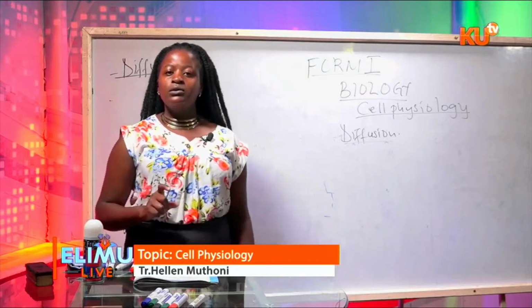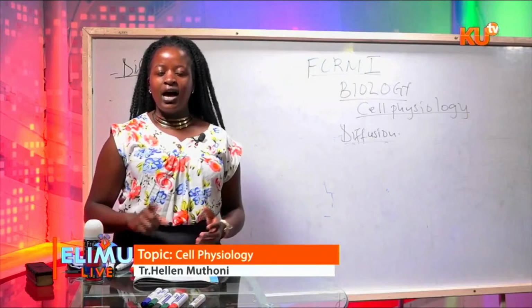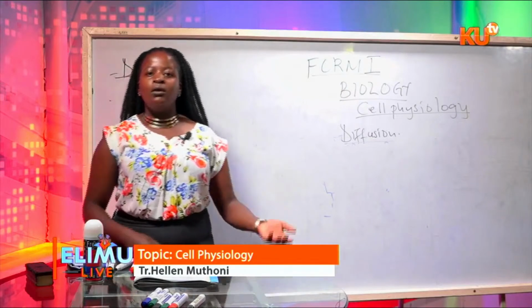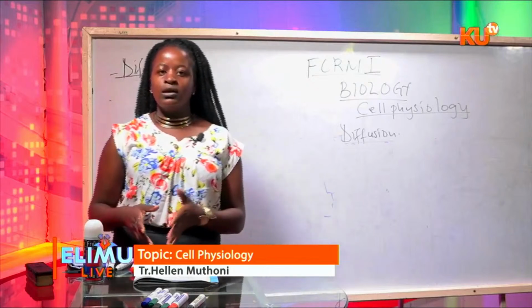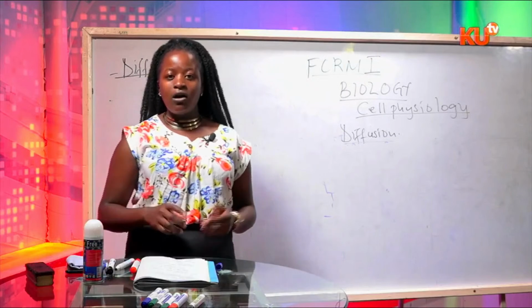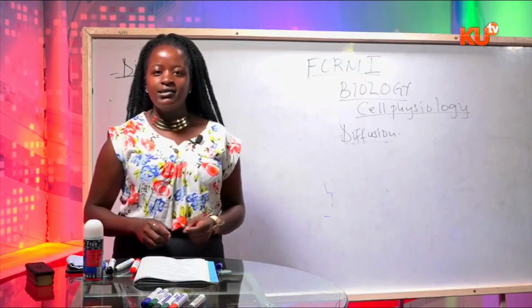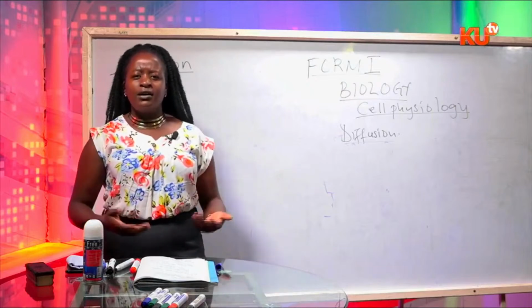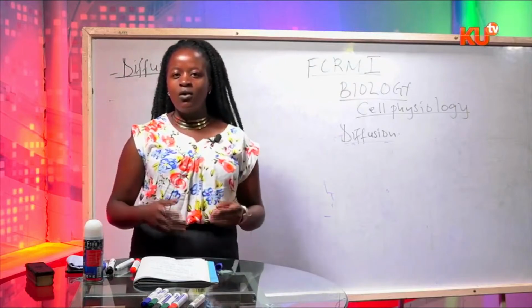And we are going to look at factors affecting diffusion. What makes diffusion high? What makes diffusion low? Last but not least, we are going to look at the role of diffusion in living organisms. What is the function of diffusion? What does it serve in the bodies of living organisms?